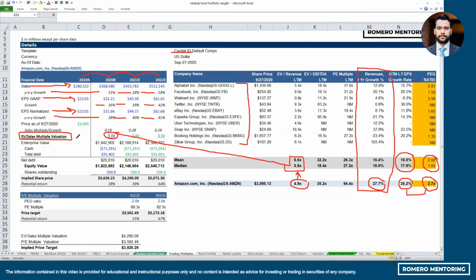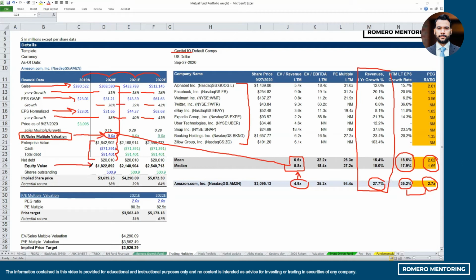So I'm just assuming right here for this growth, if we go back to the financials, a 5 times sales multiple. We take the 2020 estimated sales and multiply by the 5 times multiple, and we get an implied enterprise value. We subtract net debt, which we calculate by subtracting cash from our total debt amount. We take the enterprise value less net debt to arrive at our equity value.